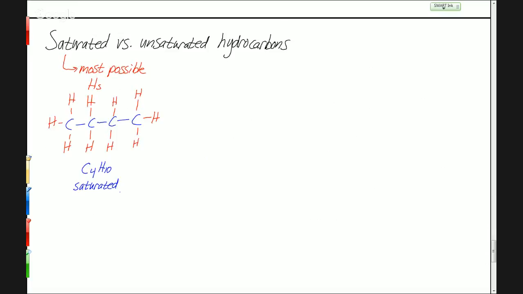But there are ways to have compounds that have 4 carbons but fewer than 10 hydrogens. And that's what happens when we add something like, for instance, a double bond. So if we had the same type of structure, but those first 2 carbons had a double bond between them, that is, they shared 2 pair of electrons instead of just 1, now there's not room, so to speak, for as many hydrogens there. So like this one, it gets 2 hydrogens, and then that's it. That's as many bonds as it can have.